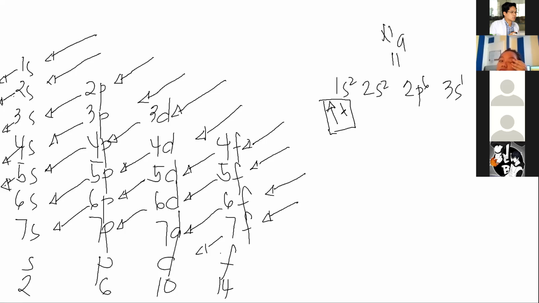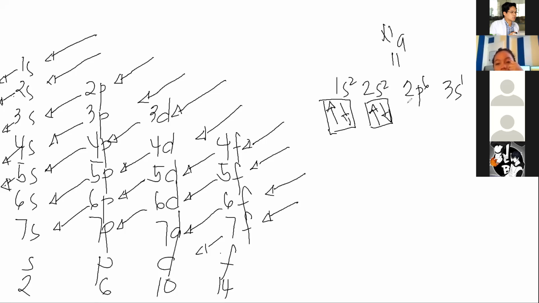Arrow up and arrow down because we have 2 electrons. 2s again has an orbital of 1, arrow up and arrow down. Could you still remember this one?